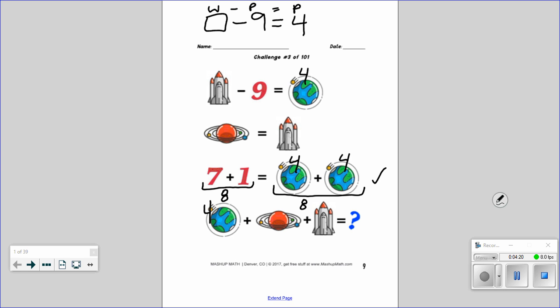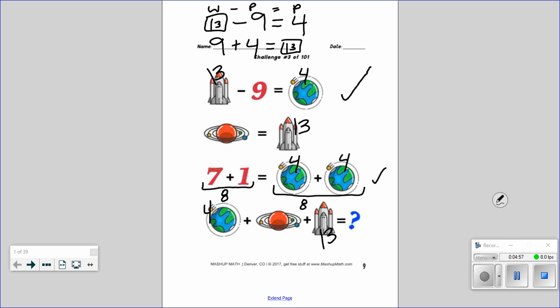Yeah, I'm going to rework this problem to be 9 plus 4 equals box. That's a lot easier for my brain to work with. So what is the value of box? Harper? 13. 13 minus 9 is 4. That means rocket ship is 13. That means this rocket ship is also 13. That means this rocket ship is also 13.